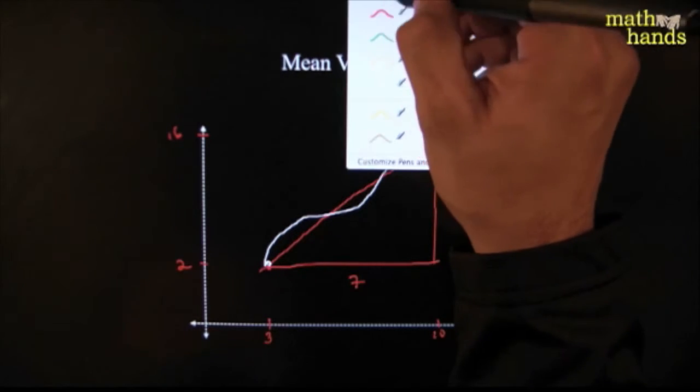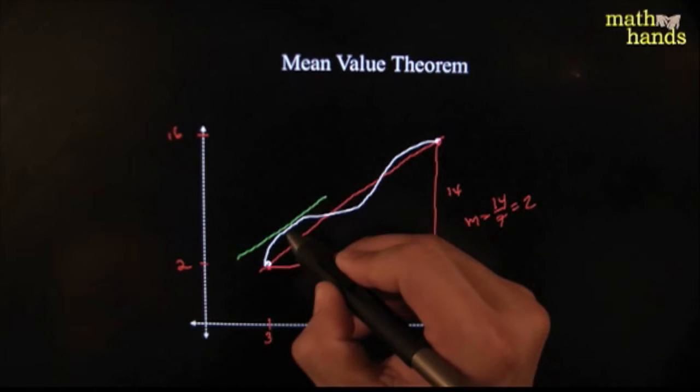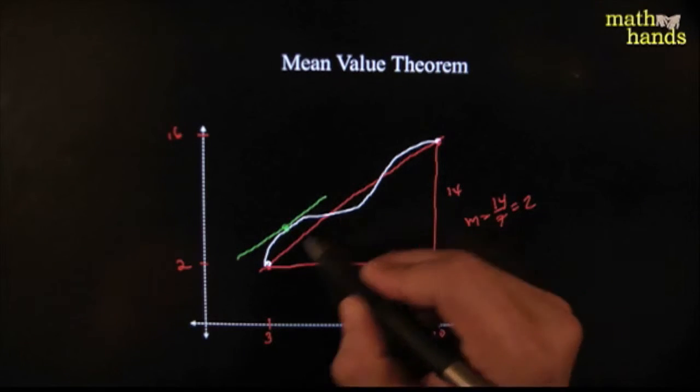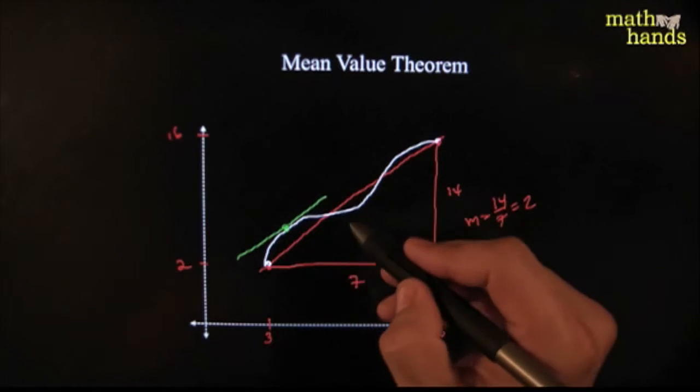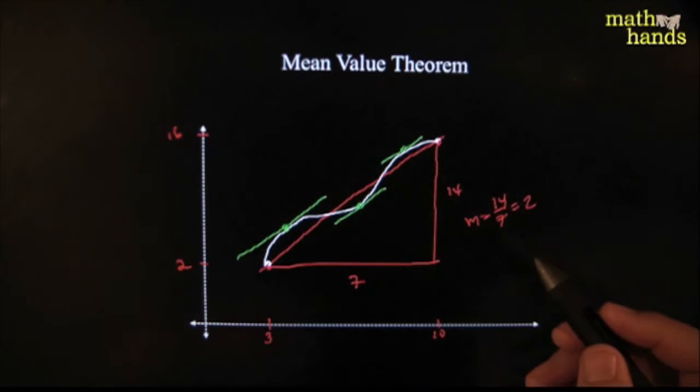Meaning there must be a point somewhere within here, at least once, where the tangent slope is exactly the same as the secant slope. And in fact, in this case, according to the drawing, it occurs at 3 spots.